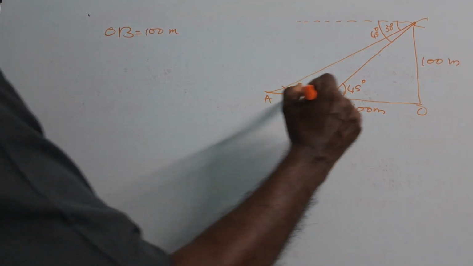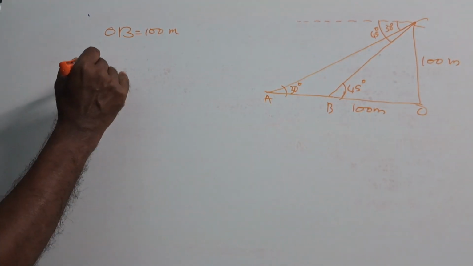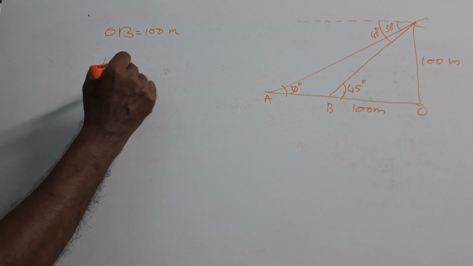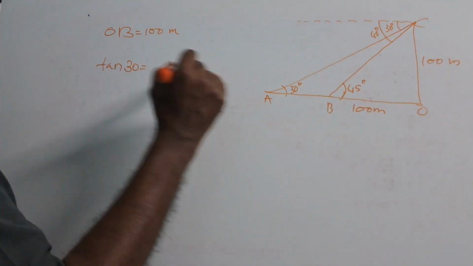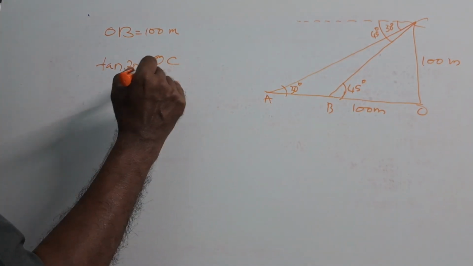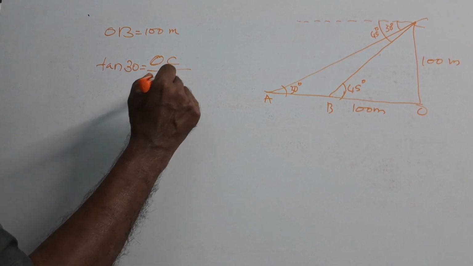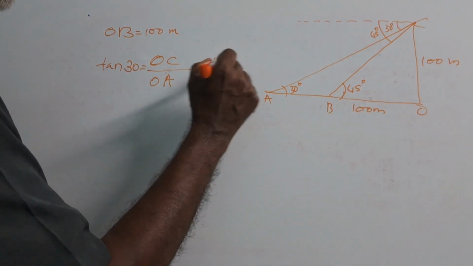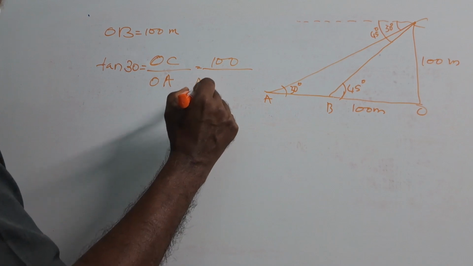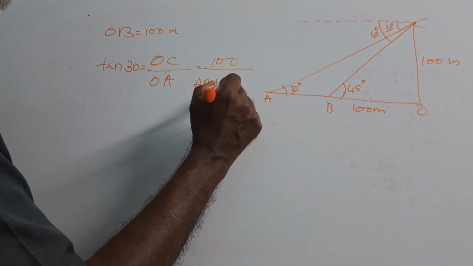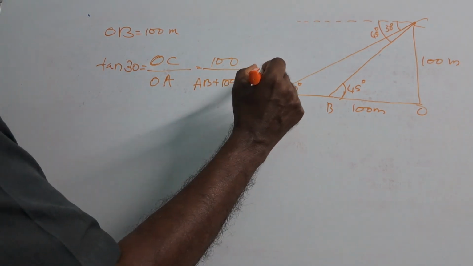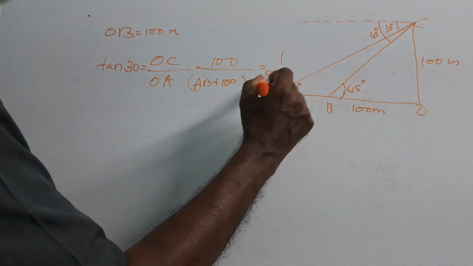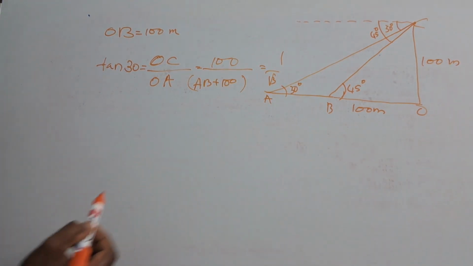Now, tan 30 degree. Tan 30 is equal to OC by OA, is equal to 100 by AB plus 100, is equal to 1 by root 3.